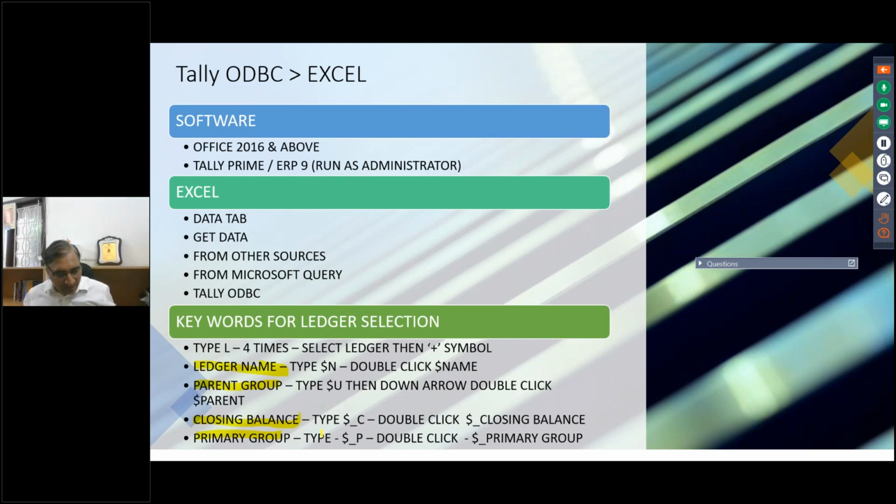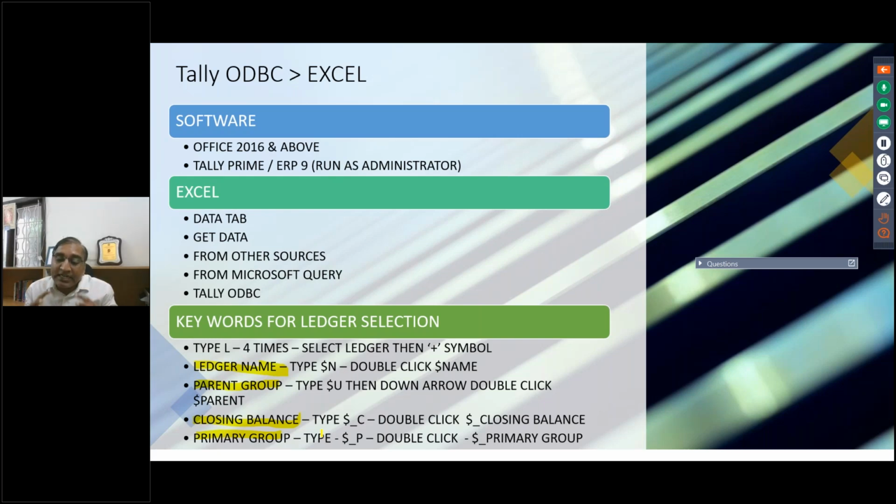One column should be the name, the second column the group, the third column the subgroup, and the fourth column the closing balance. This methodology can be used on any data, but this linking cannot be done with different software.